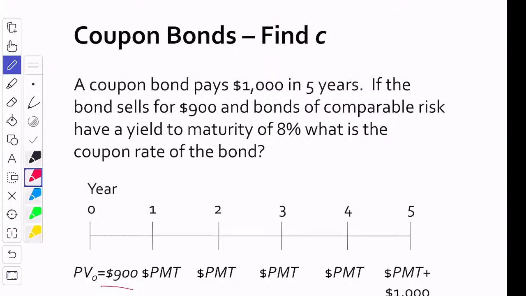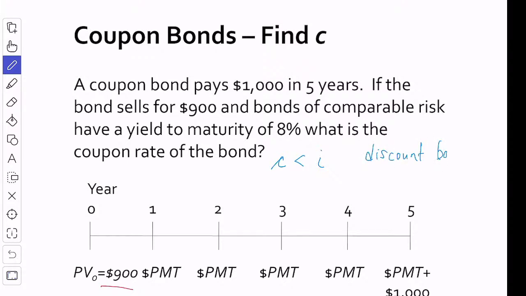So now I is 8%, and the coupon rate should be less than I because it's a discount bond, right? Bondholders are compensated with a price that's less than 1,000, since the coupon rate doesn't fully pay the interest.